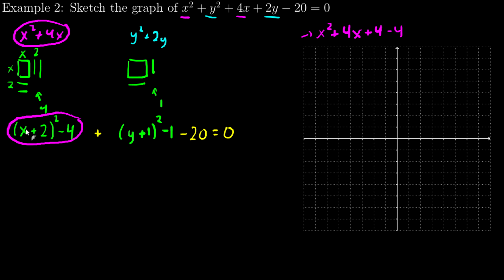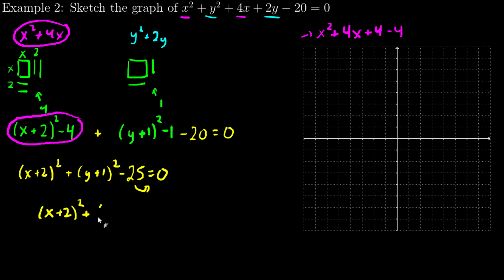Okay, wrapping this up, I'll bring down the x plus 2 squared. I'll bring down the y plus 1 squared. I'll combine the negative 4, negative 1, and negative 20 to get a minus 25. And I will add the 25 to both sides to get the standard form, x plus 2 squared plus y plus 1 squared equals 25, meaning that my center is going to be at negative 2, negative 1, again, changing those signs, and my radius is going to be the square root of 25, which is 5.